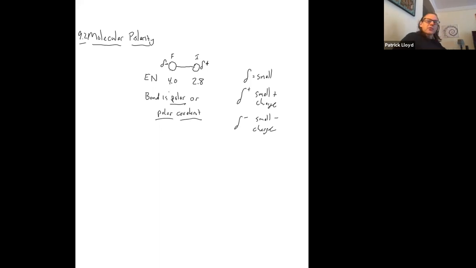Okay. Now, the more technical term for this is dipole moment. We would say that the bond possesses a dipole moment. Okay, that's the technical term that we would use to describe that.